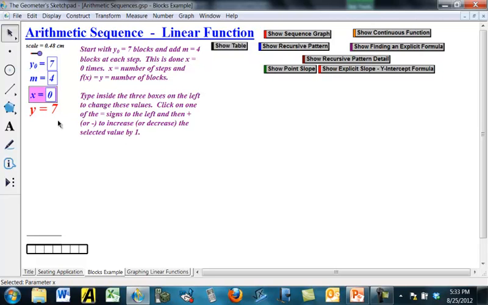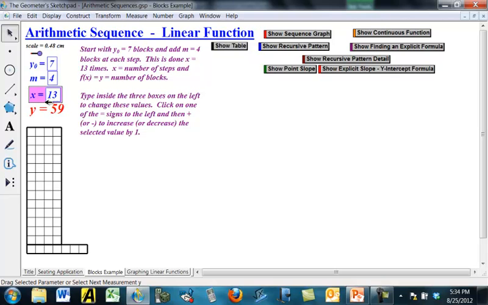Right now we're on step 0, and if I click on that and press plus, it goes up. I can type in a number like 2 if I want, but I can also press plus, and notice each time we're adding 4 blocks to the previous arrangement, and the y value is the total number of blocks.